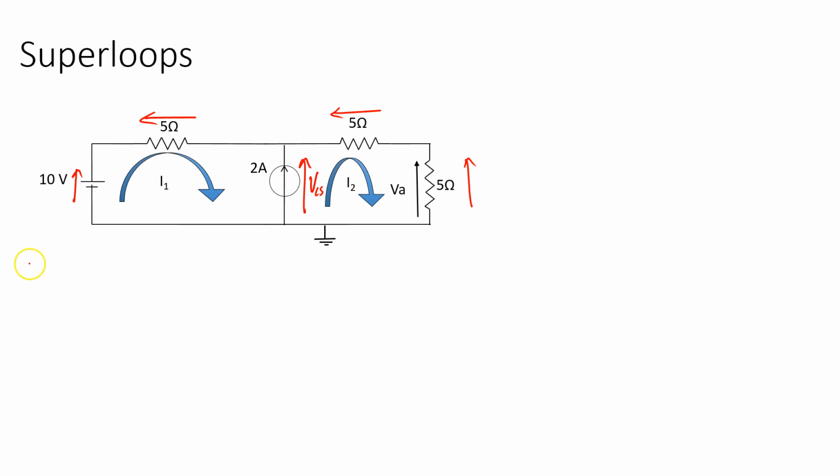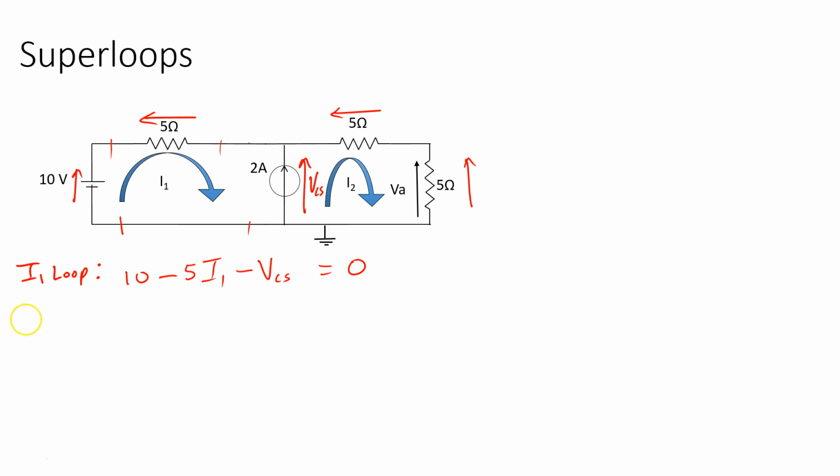So first I have the I1 loop, and I'm going to start at this point and go around in the clockwise direction. So I have 10 volts from here to this point. Then from here to here I'm dropping, so it's minus 5 I1, and then I'm going from here to this point, which is minus VCS, and that is equal to 0.